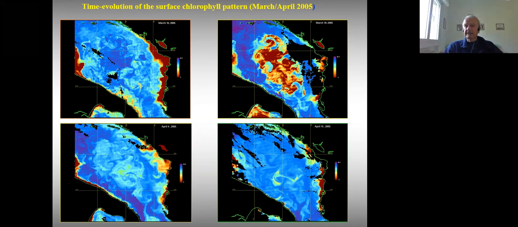Another thing is that this is a very useful way of studying it in the Adriatic, because it's much easier to come here than to be present in Labrador with these huge storms which are there.